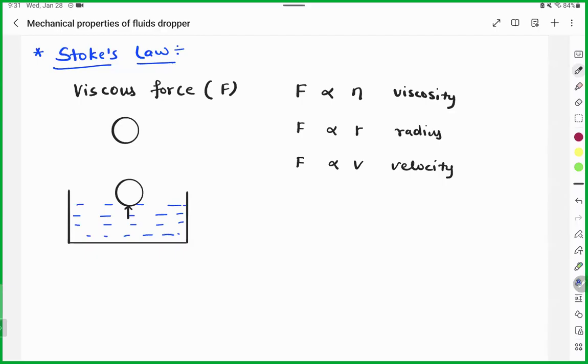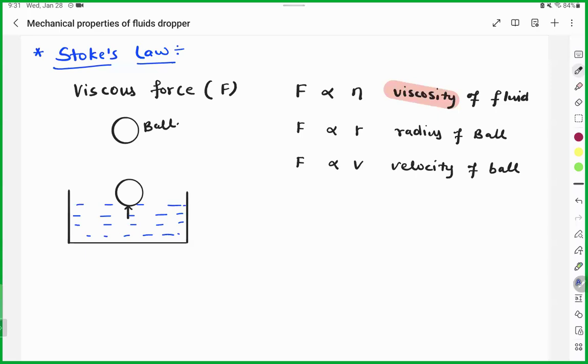This force depends upon the nature of the fluid, the viscosity of the fluid. Remember, viscosity of the fluid, not the ball. It depends upon the radius of the ball, correct? And it depends upon the velocity of the ball, correct? This is the ball.